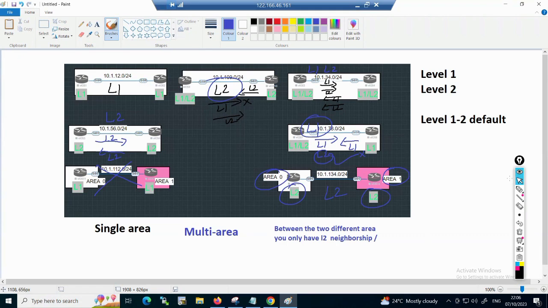So the complete IS-IS protocol works on the levels. You have to do proper planning for the levels. It seems like you are planning for the ABR and ASBR, which should be the backbone one, which should not be the backbone one.